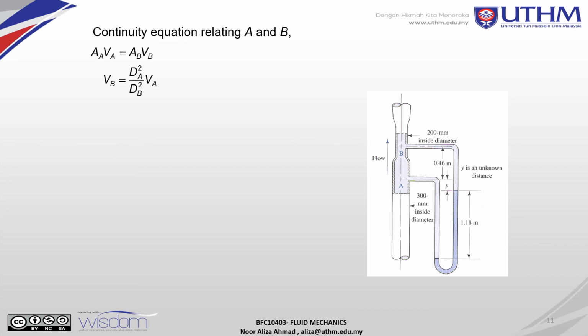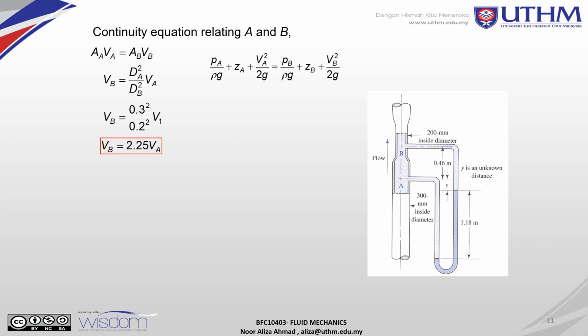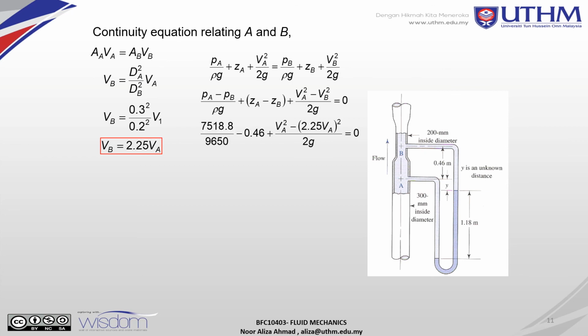Next, the continuity equation relating A and B. In the previous slides, you first must do the Bernoulli equation, and after that, the continuity equation. Area at A times VA is equal to area at B times VB, so we get velocity B in terms of VA.